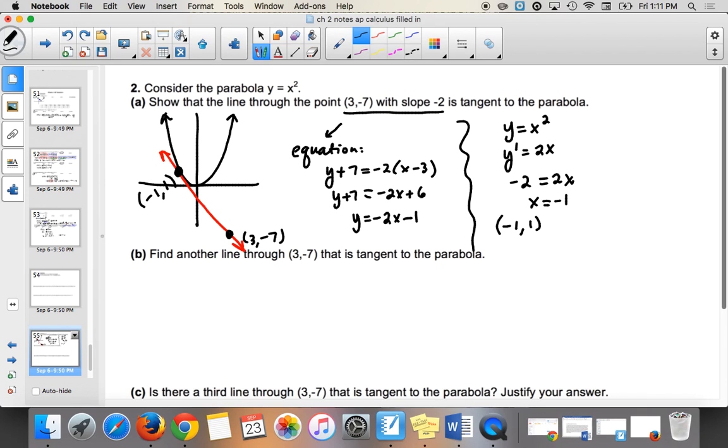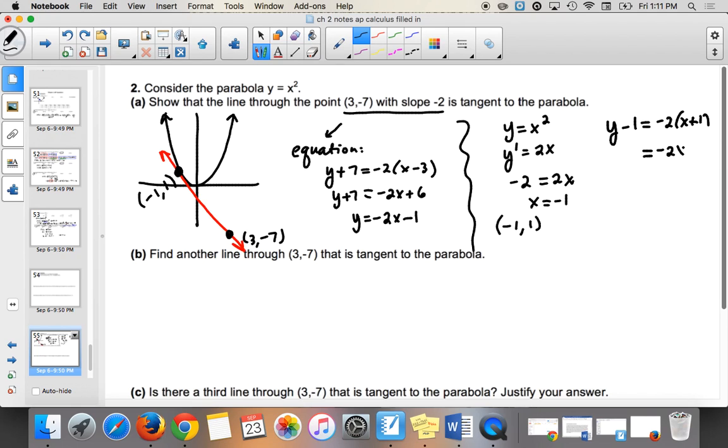So basically you want to show that the line that I've drawn, that red line, is the equation of the line through negative 1, 1. So you'd say, okay, I have y minus 1 equals m, which would be negative 2, times x minus a negative 1, which is plus 1. And we solve it out.